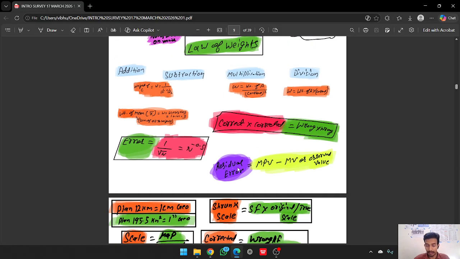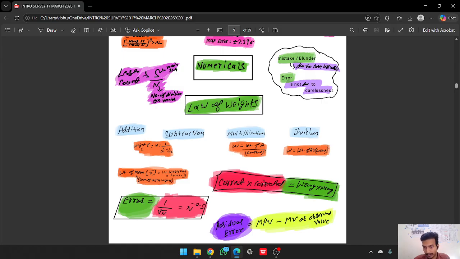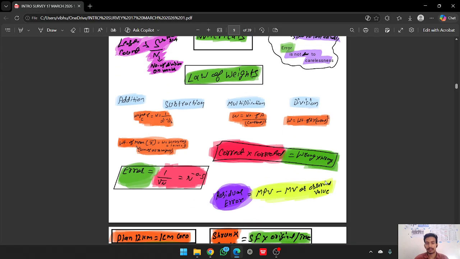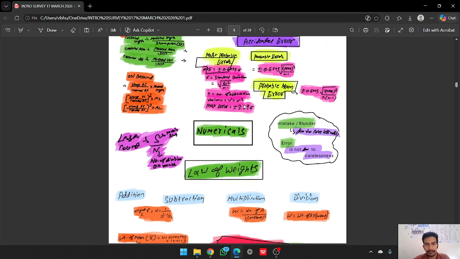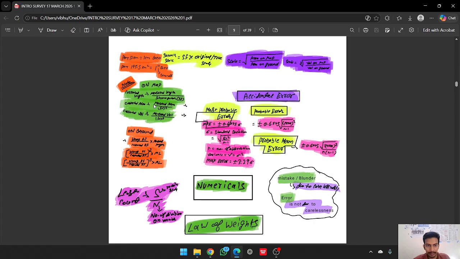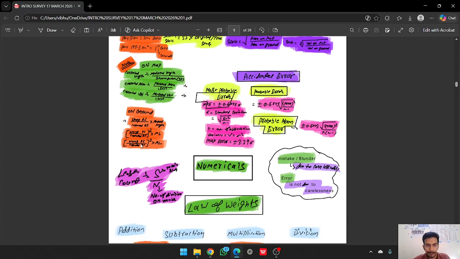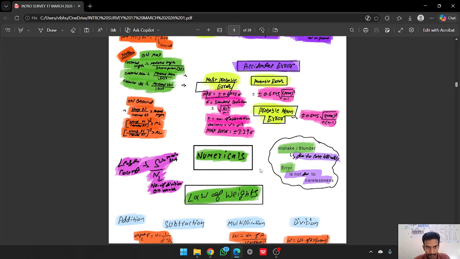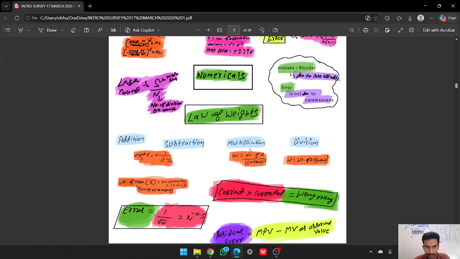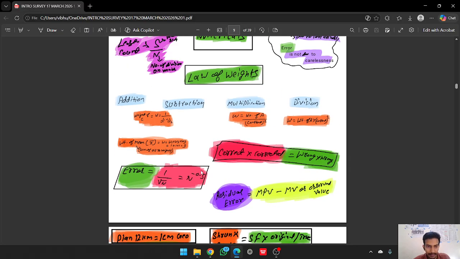I have already told you that the formula, correct multiply correct W is equal to wrong multiply by wrong W. That formula will be applicable here on ground, as well as on map. Now error is equal to 1 under root n, where n is n minus root of n minus 0.5.